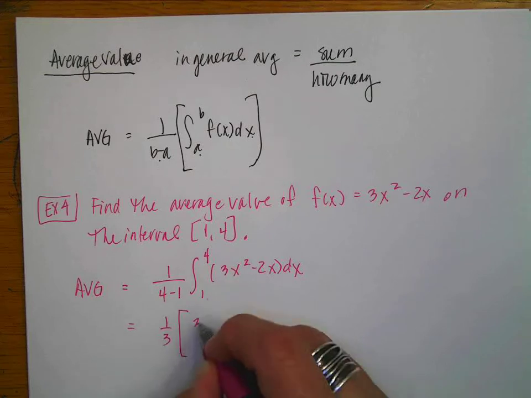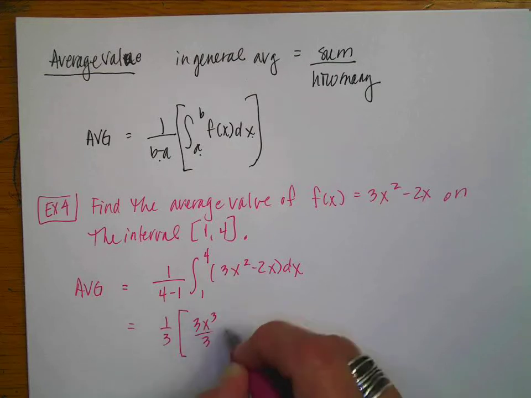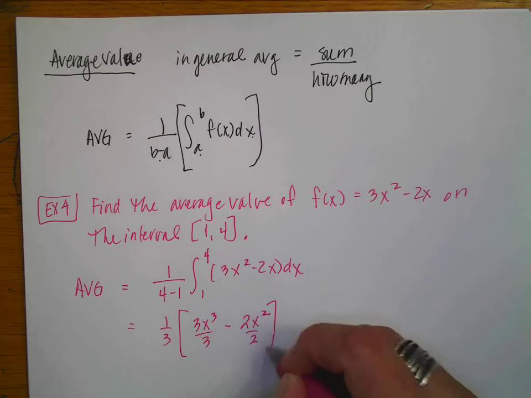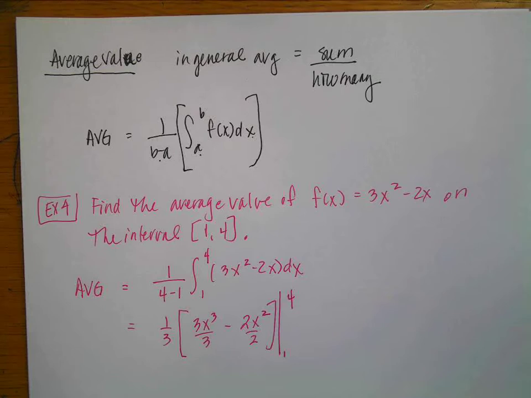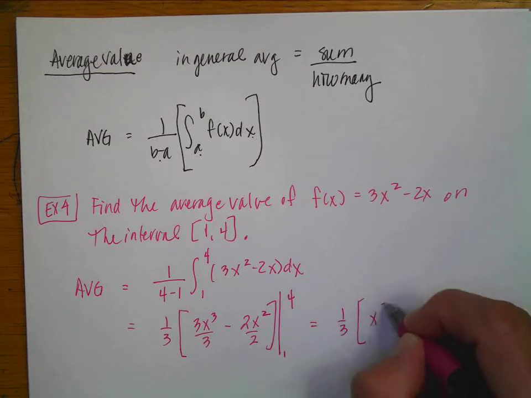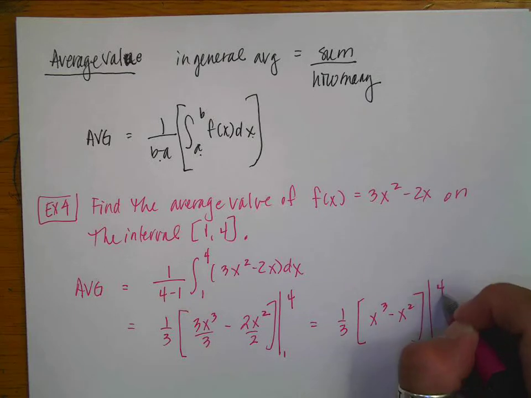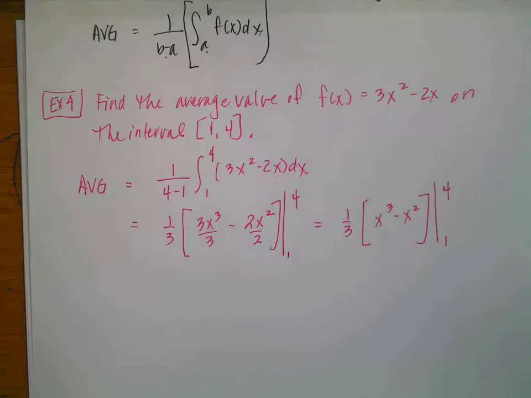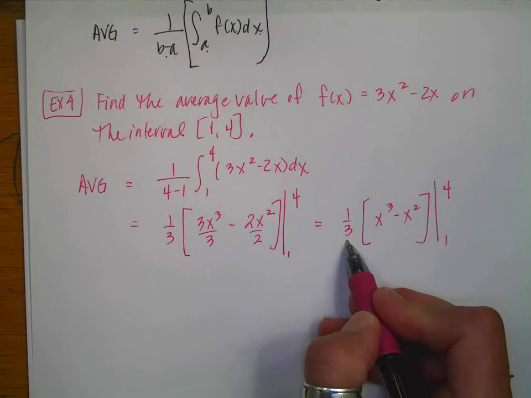So this is 1/3 times 3x to the third over 3 minus 2x squared over 2, and then evaluated from 1 to 4. If I clean this up a little bit, it makes my life a little bit easier. This is x cubed minus x squared, evaluated from 1 to 4. And then I would just substitute in my values and do top minus bottom.